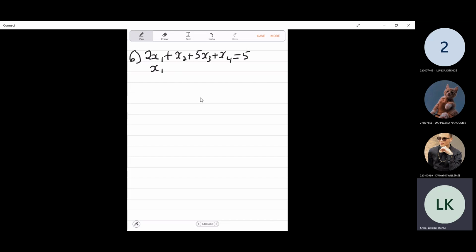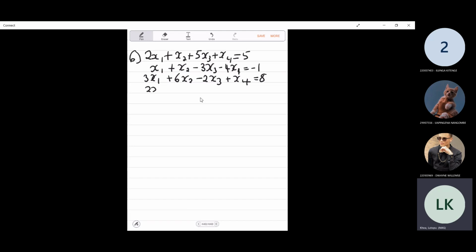Then x1 plus x2 minus 3x3 minus 4x4 is equal to minus 1. And then 3x1 plus 6x2 minus 2x3 plus x4 is equal to 8.